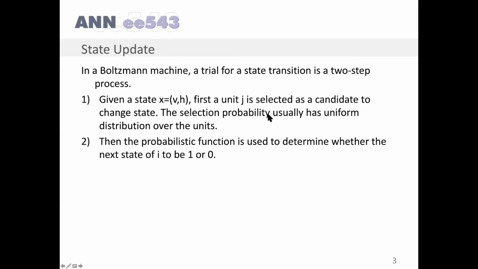The selection probability usually has uniform distribution over the units. In the second step, the probabilistic function is used to determine whether the next state of i to be 1 or minus 1. That is, the activation is calculated, and according to that activation, sigmoid function is applied on the negative of the activation, and the probability is calculated.